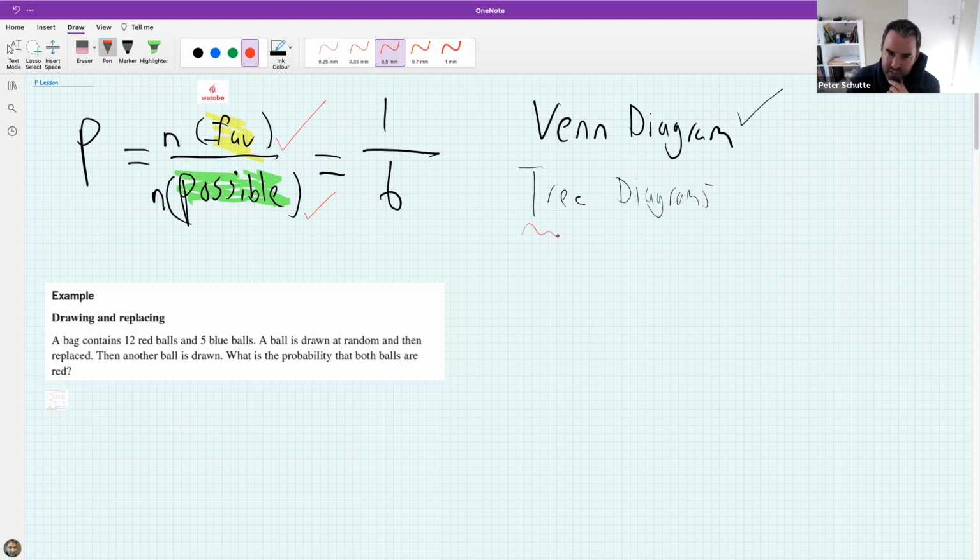Now, if you feel like you have a basic idea about tree diagrams, give me a thumbs up. If you feel like you don't really know what's going on with tree diagrams, give me a thumbs down. I just want to have a quick check-in with the class.